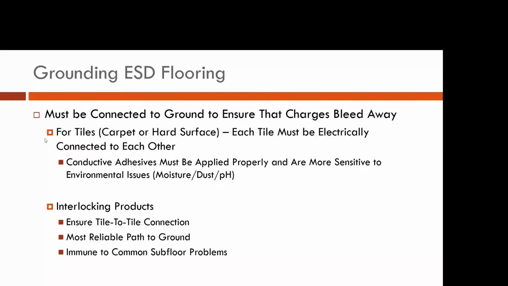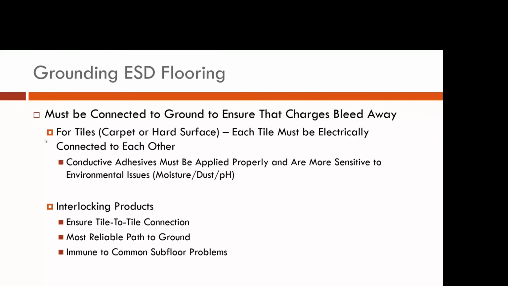So you can have an interlocking product on a copper grid system, and if something very heavy rolls over it, pinches and splices the copper grid system, you have a failure in your floor because its path to ground has been broken. You don't know where that is. You've got to pull up the entire floor to find it. So we always recommend going with interlocking products that don't require any underlayments, glues, adhesives, or copper grid systems.